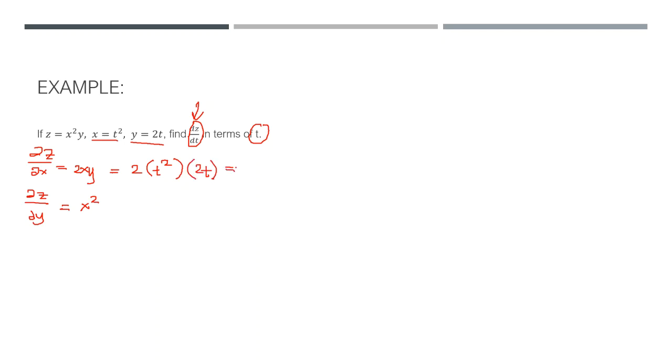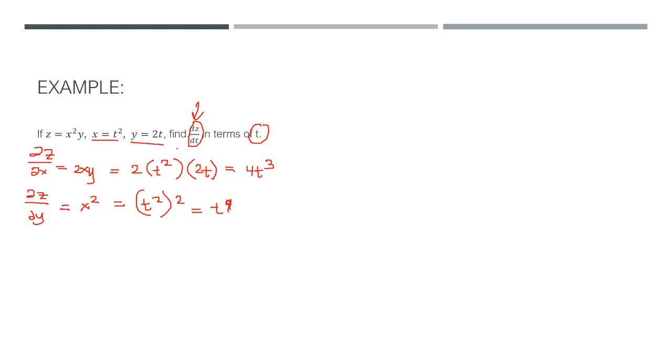So basically, this is equivalent to 4t cubed. And then the same with the partial derivative of z with respect to y, we have x, which is t squared, and that is squared, so this is equivalent to t to the fourth. So these are the partial derivatives of our z with respect to x and y.